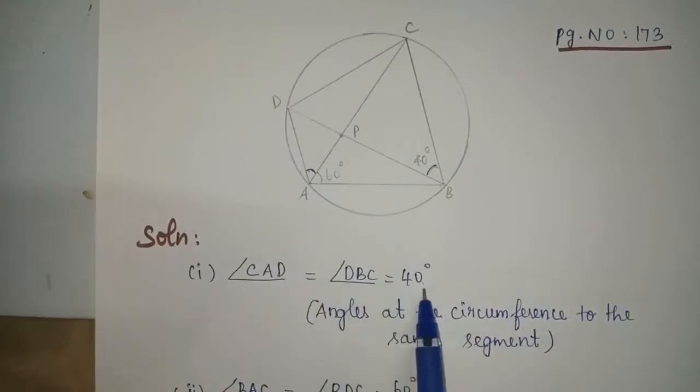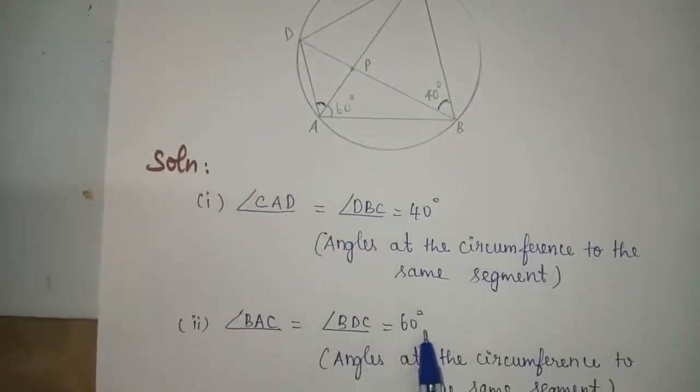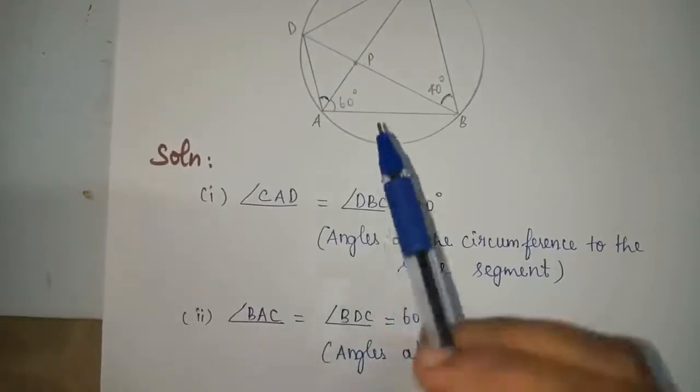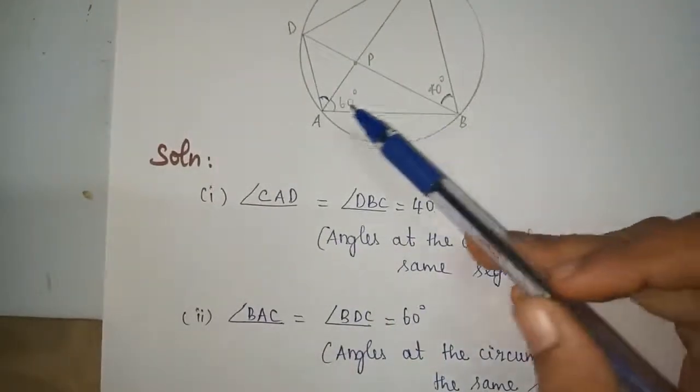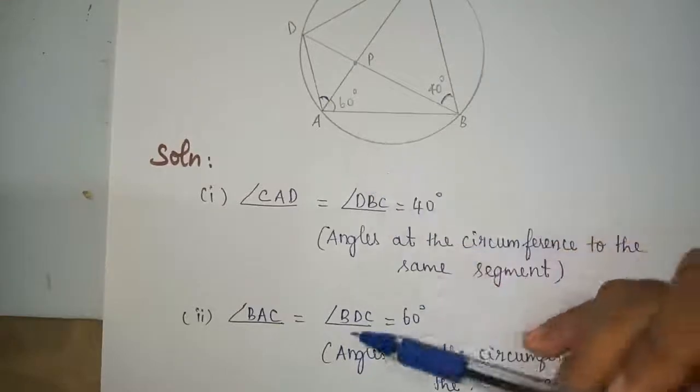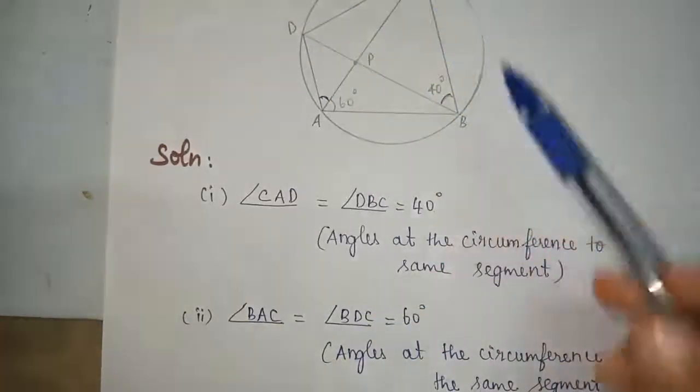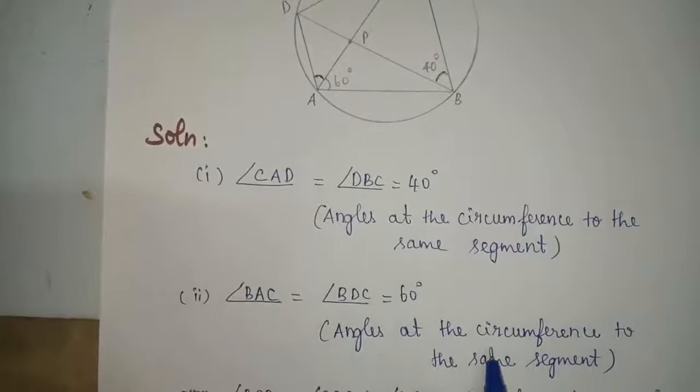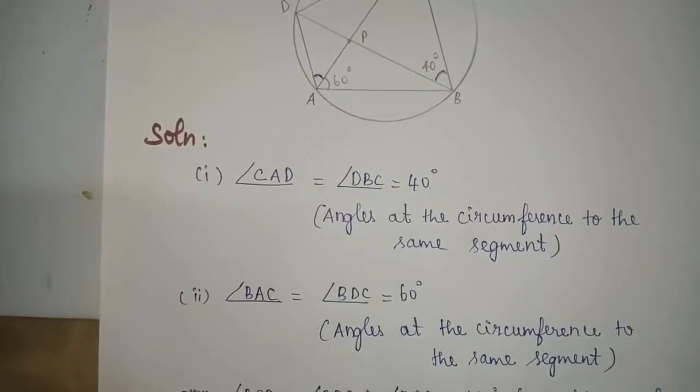So both the angles are 40 degrees. Similarly, angle BAC is equal to angle BDC, that is also 60 degrees, because they are angles at the circumference in the same segment.